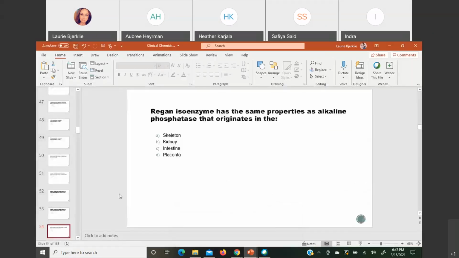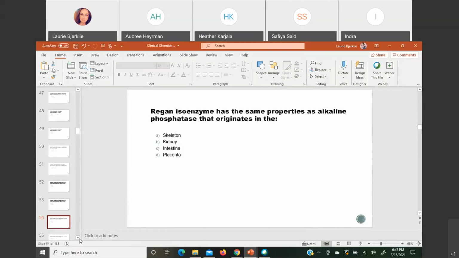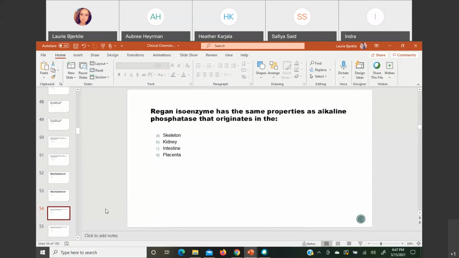Yeah, this one's usually harder for people, mainly because they probably don't remember it if they ever did learn it. If you learned it, it was like one little blip about it. So ALP, which is another liver enzyme, has different isoenzymes because it's not only a liver enzyme, but it's also found in the bones. In this case, the Regan isoenzyme is also found in the placenta. So it does have a few other things that it's involved with.